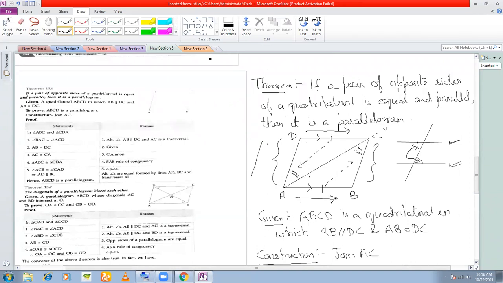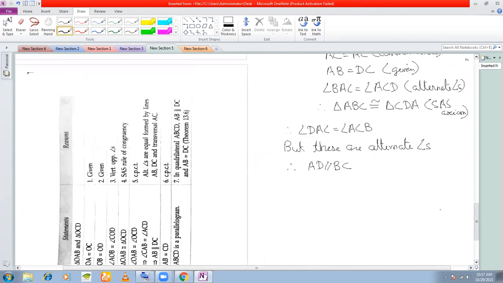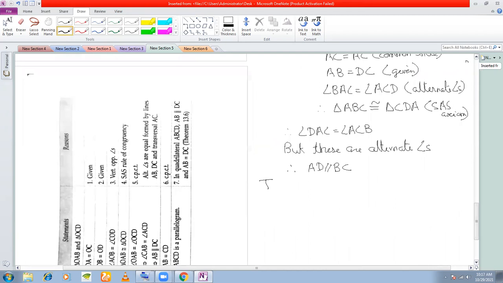We have also shown that these two sides are parallel. So ABCD is a quadrilateral in which opposite sides are parallel. What is such a quadrilateral called? Parallelogram. Yes. ABCD is a quadrilateral in which opposite sides are parallel.